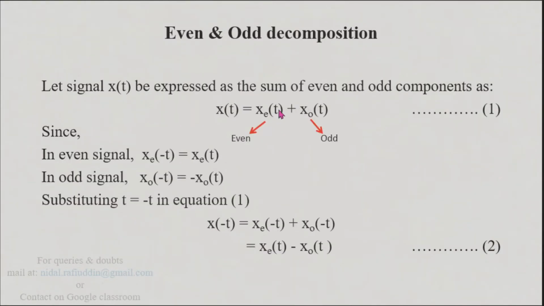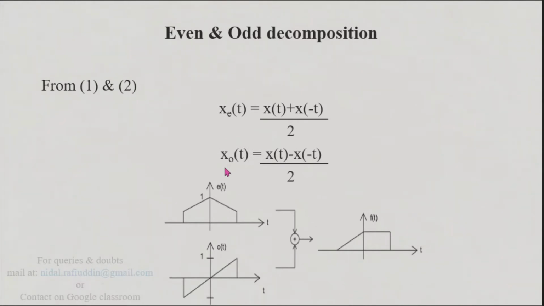Likewise, if we subtract equation 2 from 1, we obtain the odd component of the signal as x(t) minus x(-t) divided by 2. So these are the two expressions that can be used to obtain the even and odd components of any arbitrary signal x(t).